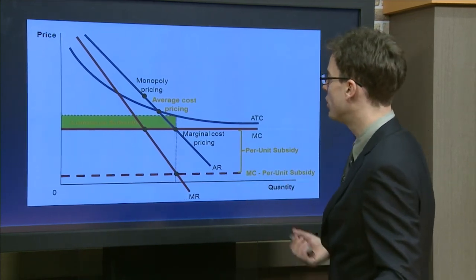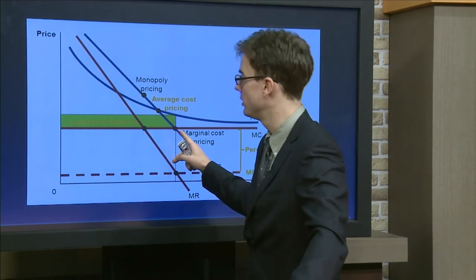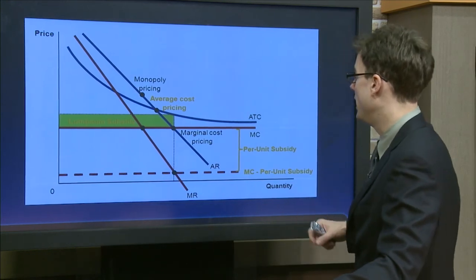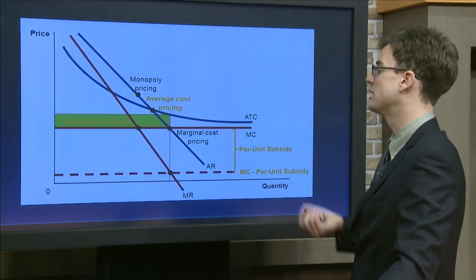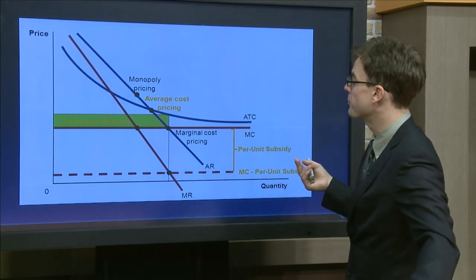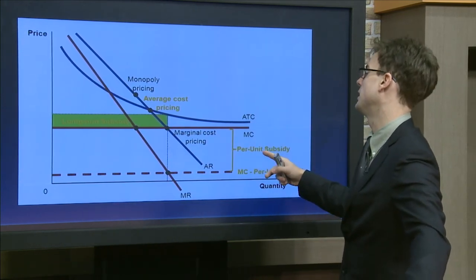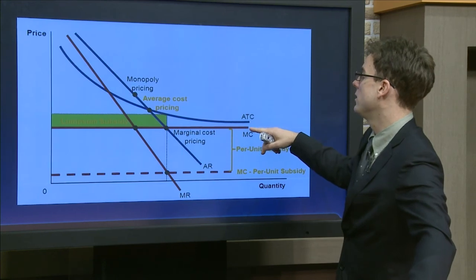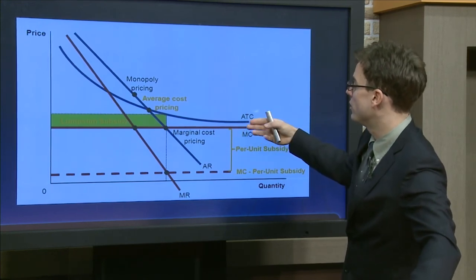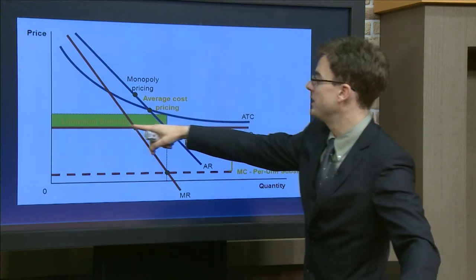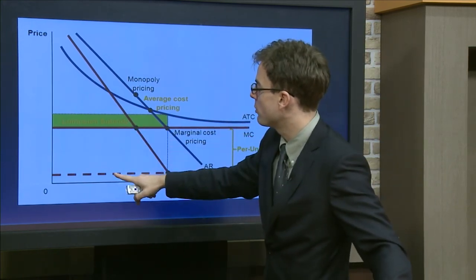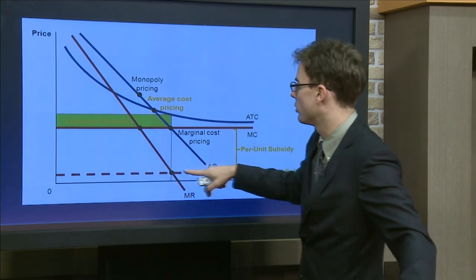If the government wanted to achieve this efficient output level, it would have to subsidize the providers in some way. One way would be to offer per unit subsidy. So effectively, the government could decrease the marginal costs faced by companies from this level by the amount of the subsidy to this lower level.